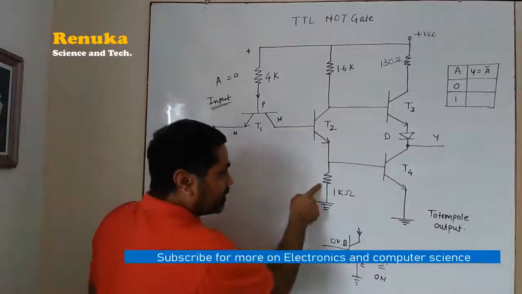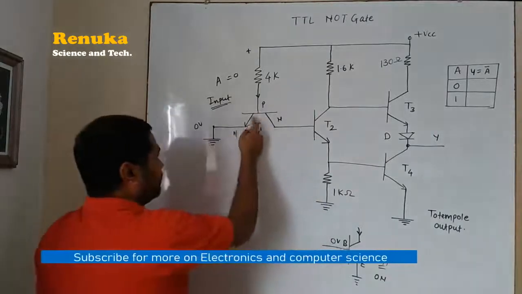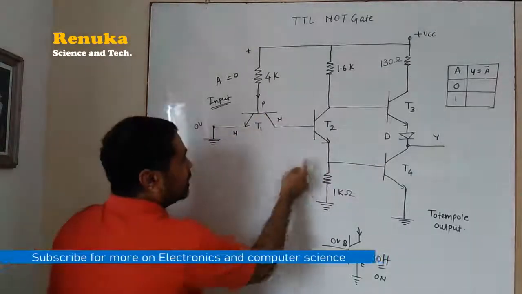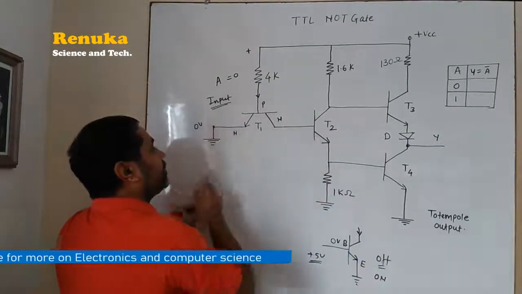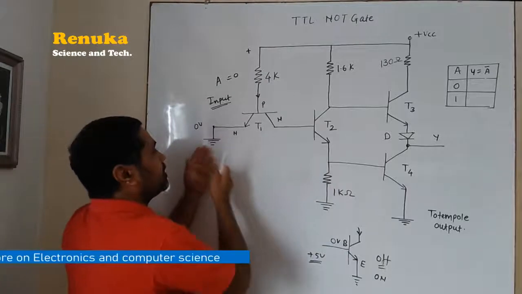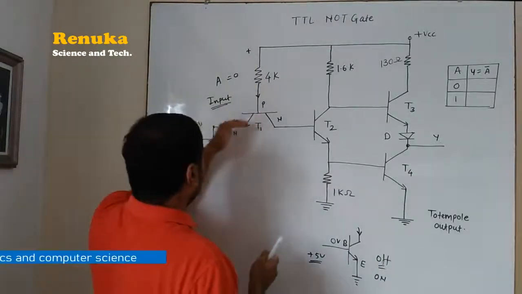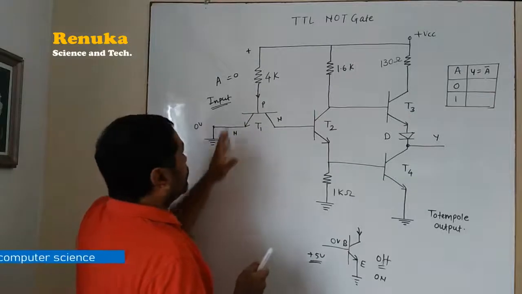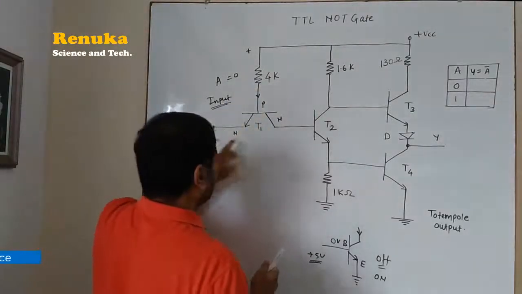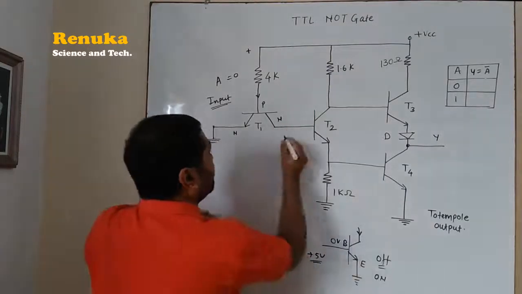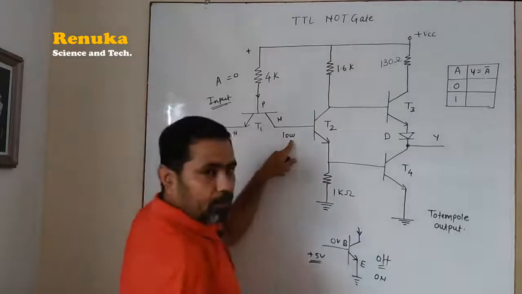There is 1 kilo ohm resistance here. So if you compare the two parallel paths, one from this and one from this, there is a resistive circuit, and this resistive circuit offers quite a lot more resistance than the base to emitter diode. So that is why all the current will sink towards ground. Here, if the transistor's current is absent, then the voltage across the base of transistor T2 will be low.